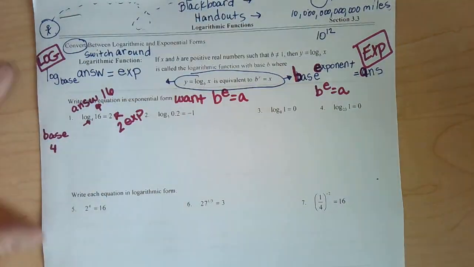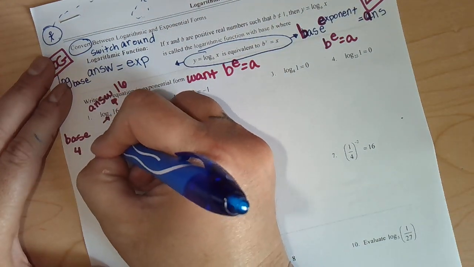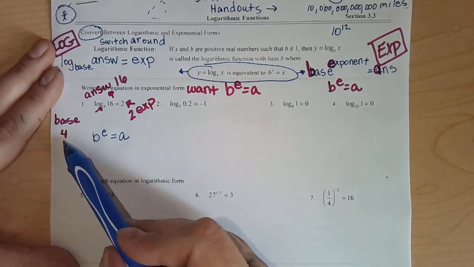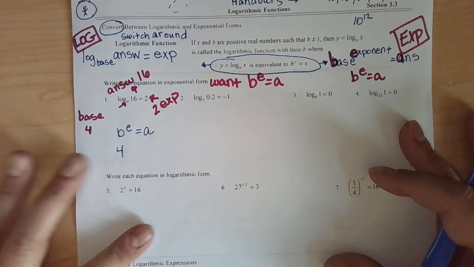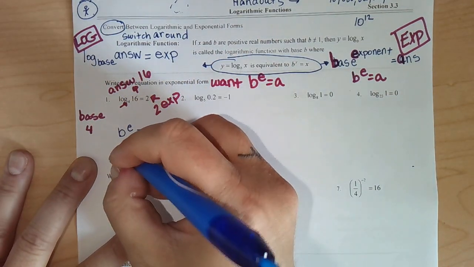And now we want b to the e equals a. So let's try it. What did we say our b was? 4. What did we say our e was? e was an exponent, 2.